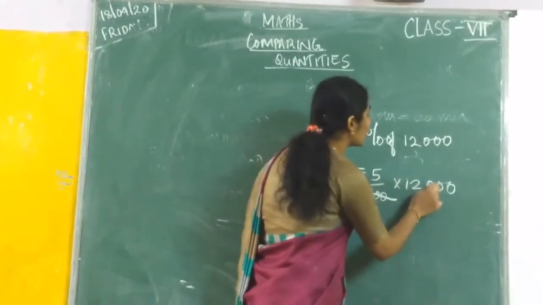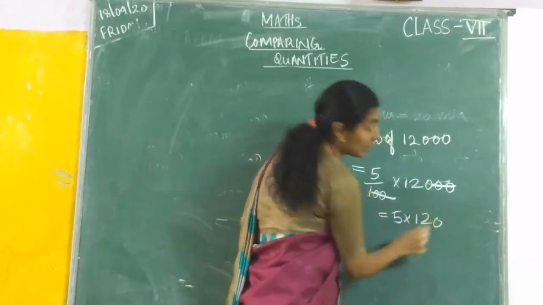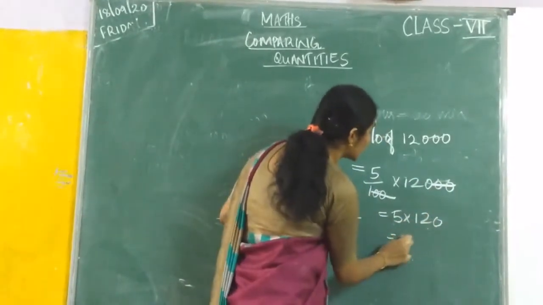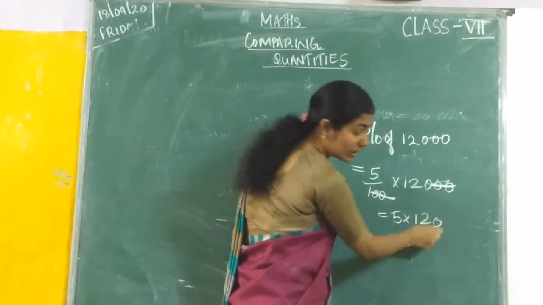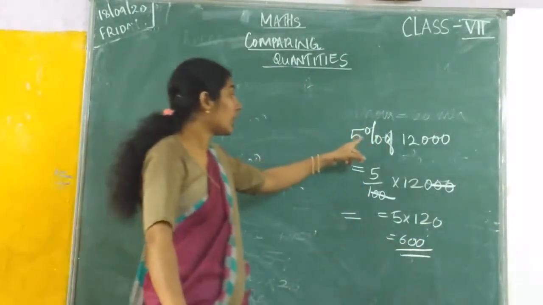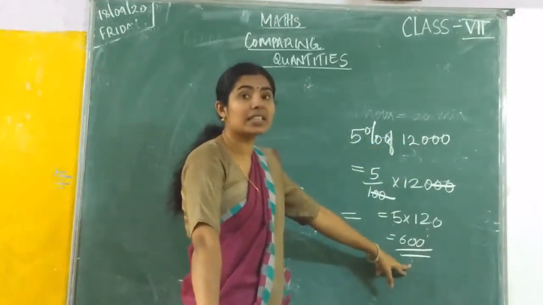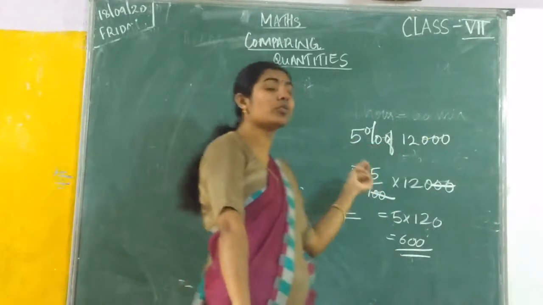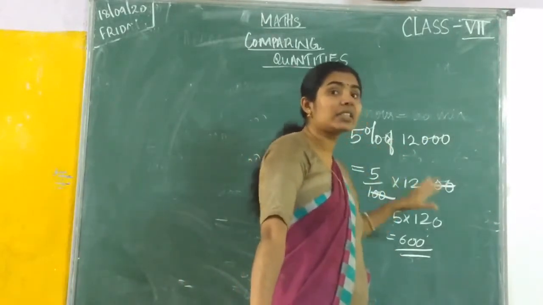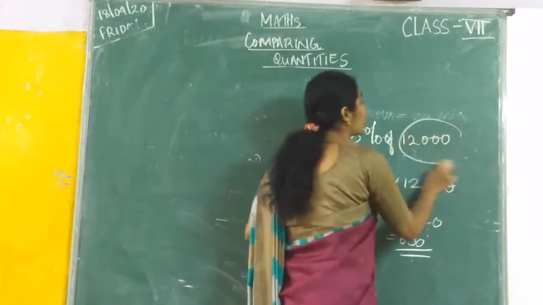So when you cancel 2 zeros, what will you get? 5 multiplied by 120. 5 12s are 60, and one 0 is added. See, you get the same answer. 5% of the whole quantity is 600. So the answer is correct. Isn't it? When you verify, you will get that the answer is correct. So what is the answer? 12,000 is the whole quantity.